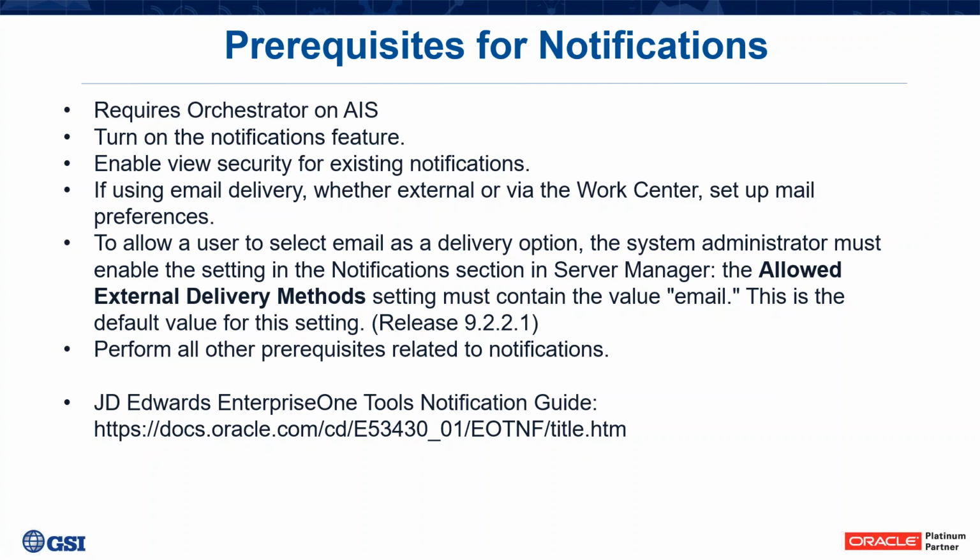There's a little bit of information on here about this, but once you get all the prerequisites done, then you can start setting up and configuring your notifications. It mentions that if you're going to let people specify an email address, you have to make sure that the allowed delivery method has email in it. Otherwise, they won't get it.